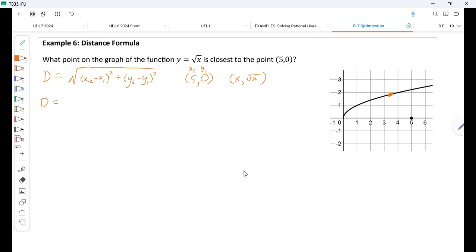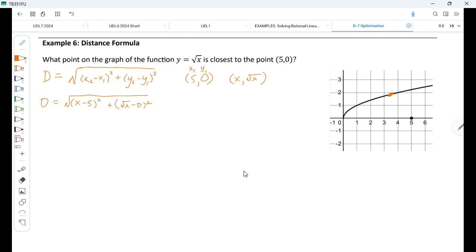So it's basically the square root of (x minus 5) squared plus (square root of x minus 0) squared.